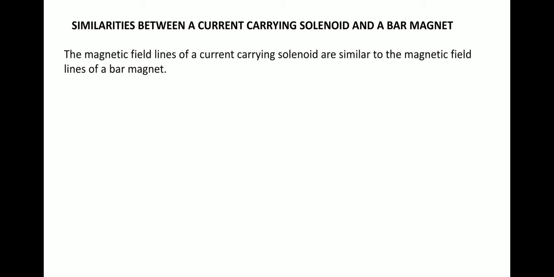Now let's look at the similarities between a current carrying solenoid and a bar magnet. In most cases, a current carrying solenoid and a bar magnet seem to have some similarities. So let's learn about them. The magnetic field lines of a current carrying solenoid are similar to the magnetic field lines of a bar magnet.